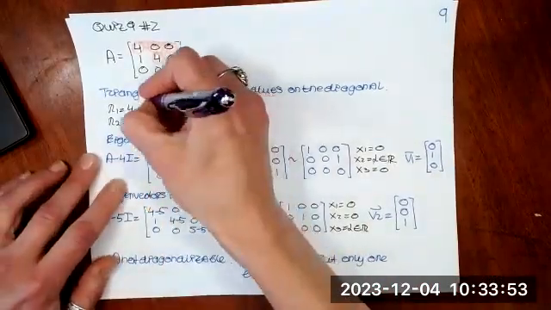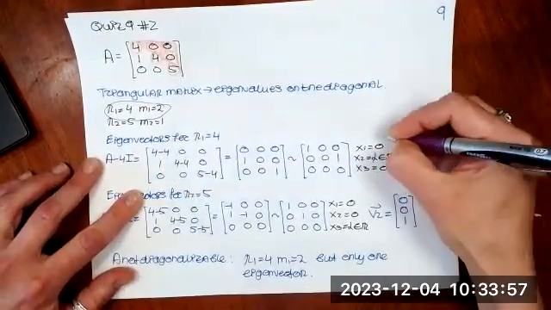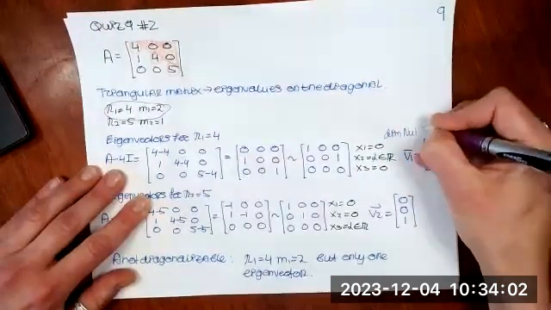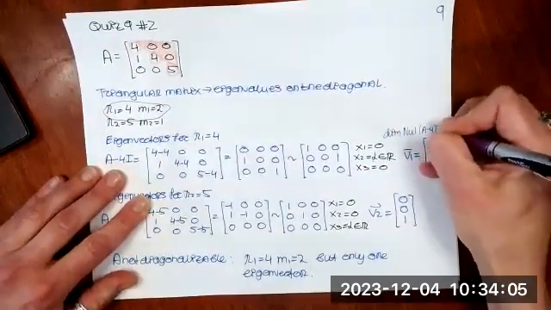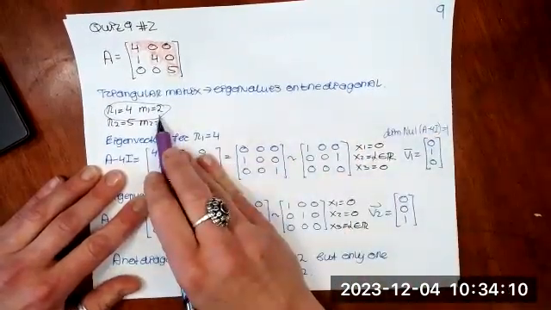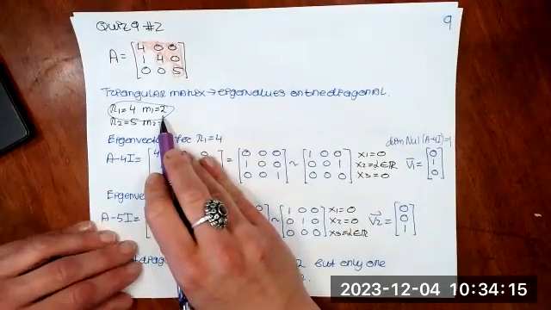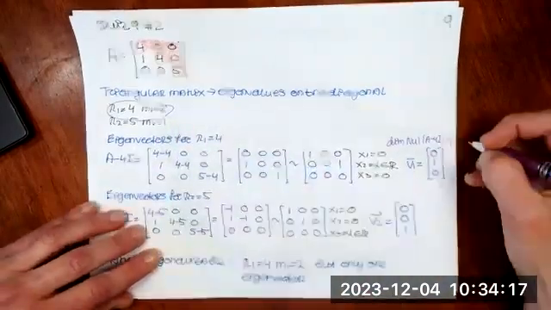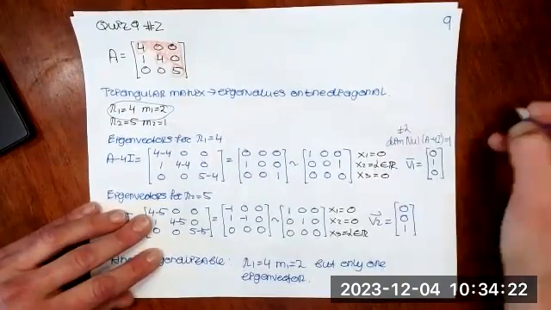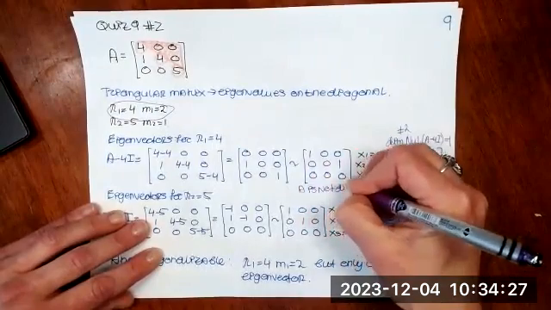Because I have multiplicity 2 here and only one eigenvector, the dimension of the null space of A minus 4I is just 1. But the multiplicity is 2. I'm not going to have enough eigenvectors to be able to diagonalize A. So 1 is not equal to 2, and I already know my A is not diagonalizable.